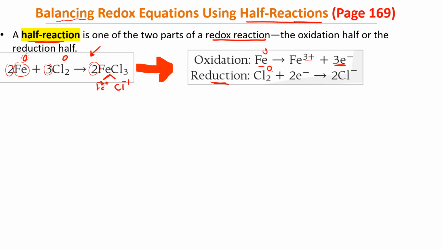The most important thing you need to do when you write the half reaction, because we have 2Cl here, is to put 2 here. But we don't take the numbers from here; we balance it again. Because it was 0 and became -1, it gained an electron. But I had two atoms, and each one took an electron. That's why I put 2 electrons here. Okay?